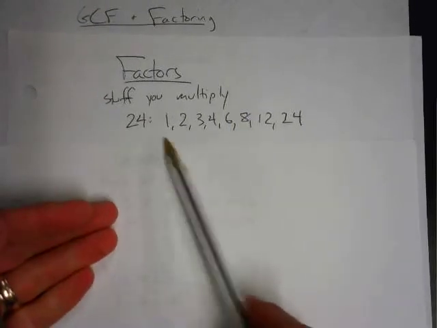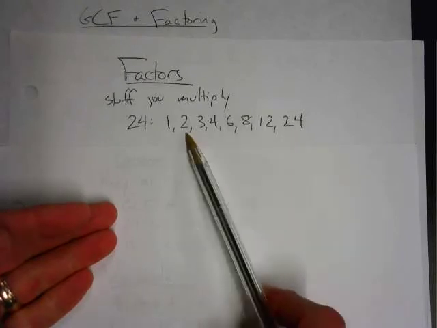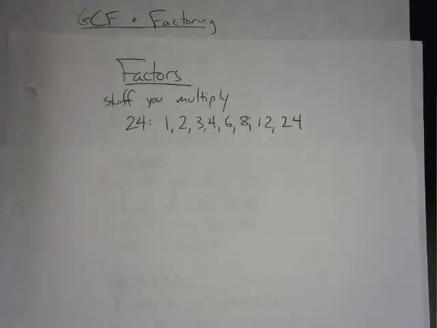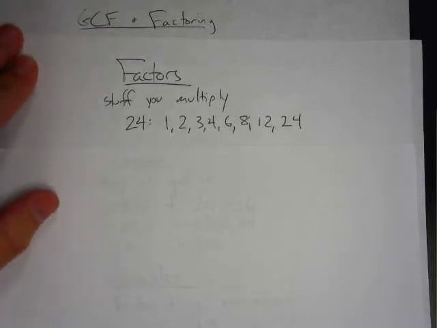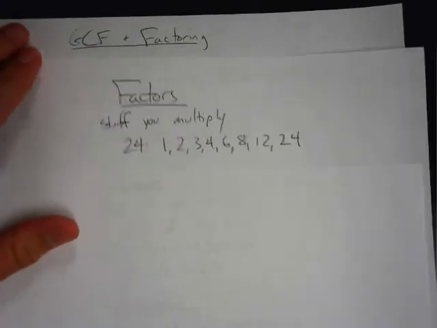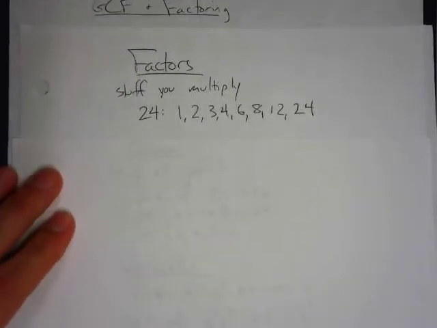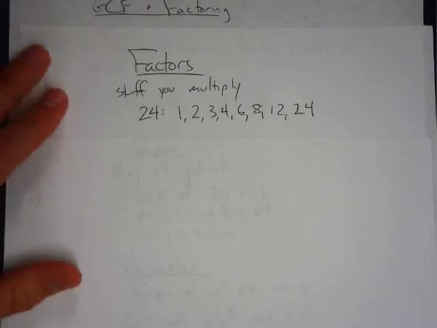Well, 1 times 24 is 24, right? And 2 times 12 is 24, and 3 times 8, and 4 times 6. Those are all factors of 24. So when we start talking about GCF, and we talk about the word factor, just remember a factor is stuff that you multiply.